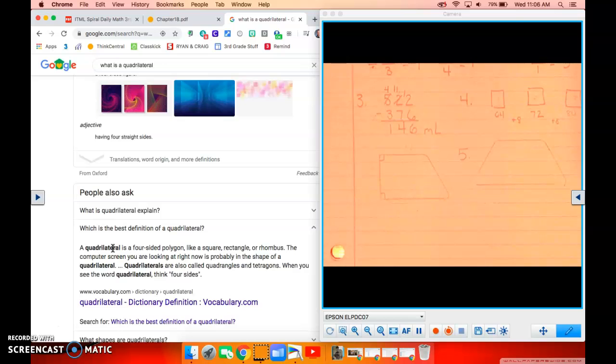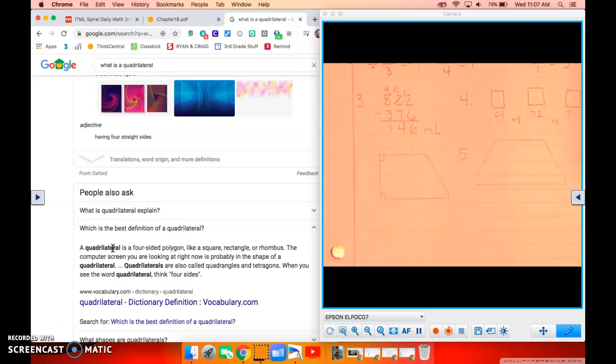It says a quadrilateral is a 4-sided polygon, like a square, rectangle, or rhombus. The computer screen you are looking at right now is probably in the shape of a quadrilateral. Quadrilaterals are also called quadrangles and tetragons. When you see the word quadrilateral, think 4 sides.